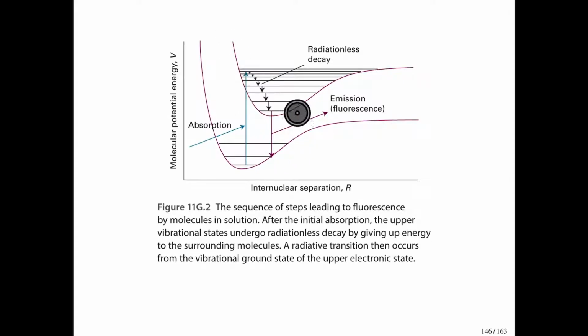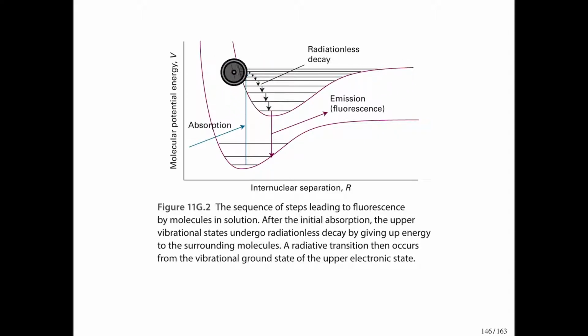Up here we have the excited state's potential energy curve, and these are the vibrational levels for the excited state. And when you undergo absorption from the ground vibrational state of S0, you probe the various excited vibrational energy levels of S1.